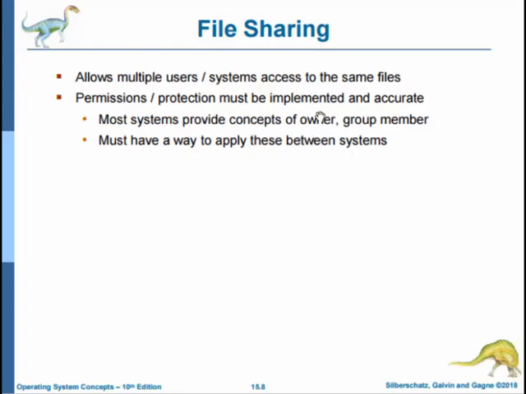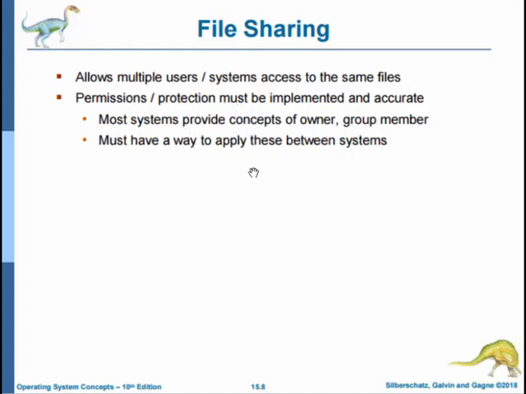Once multiple users are allowed to share files, the challenge is to extend sharing to multiple file systems, including remote files, and we discuss that challenge as well. Finally, we can consider what to do about conflicting actions occurring on shared files.